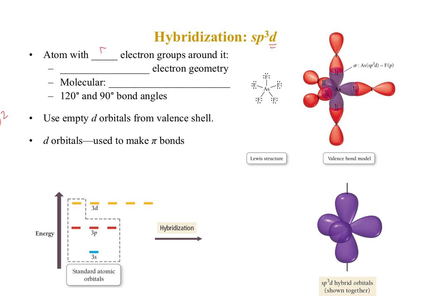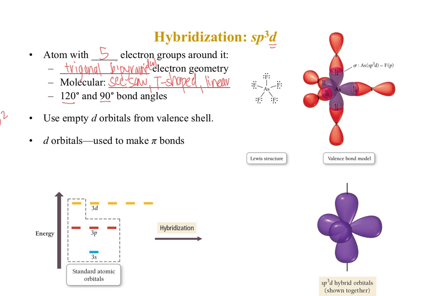So atoms that have 5 electron groups, we know those as trigonal bipyramidal electronic geometry. We know the molecular geometry as seesaw, T-shaped, and linear. And we know that the bond angles are 120 between the equatorial positions and 90 between the axial and equatorial.